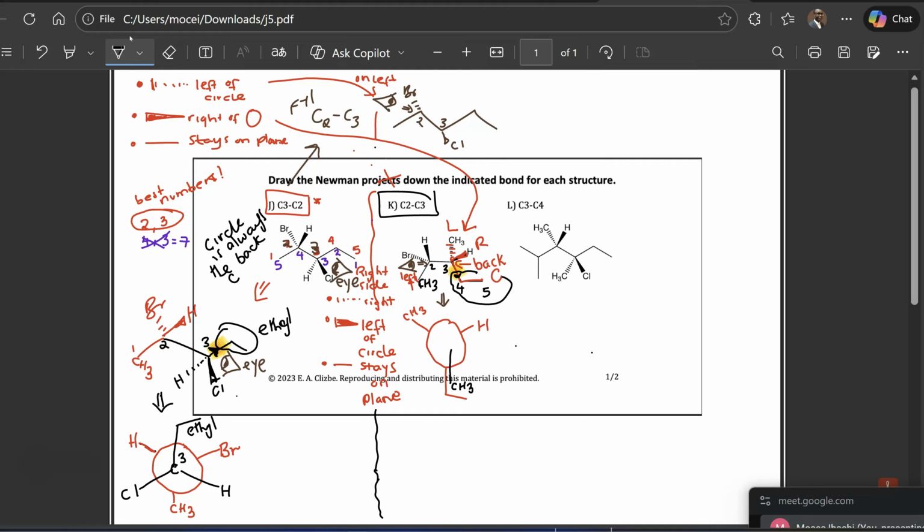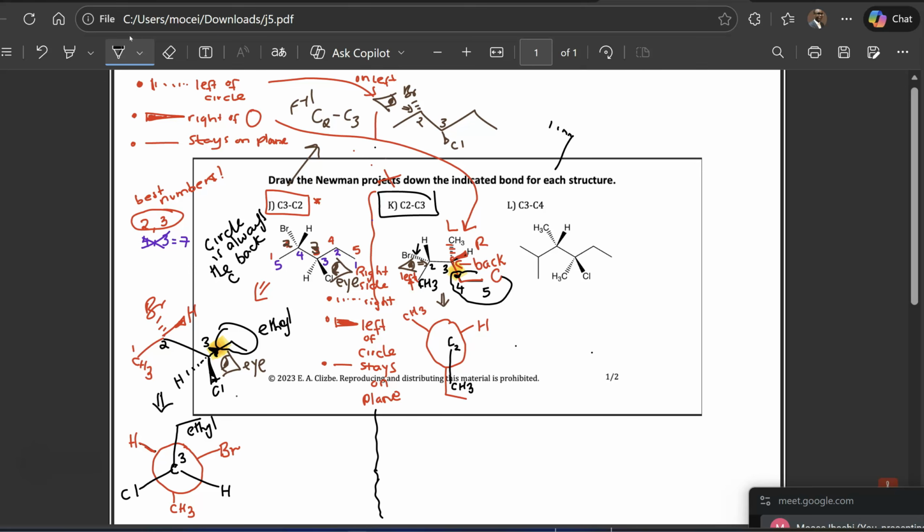Where will the Br go? The Br is going to go on the left side down. No, I don't see this thing going down. Listen, the Br is at an angle.